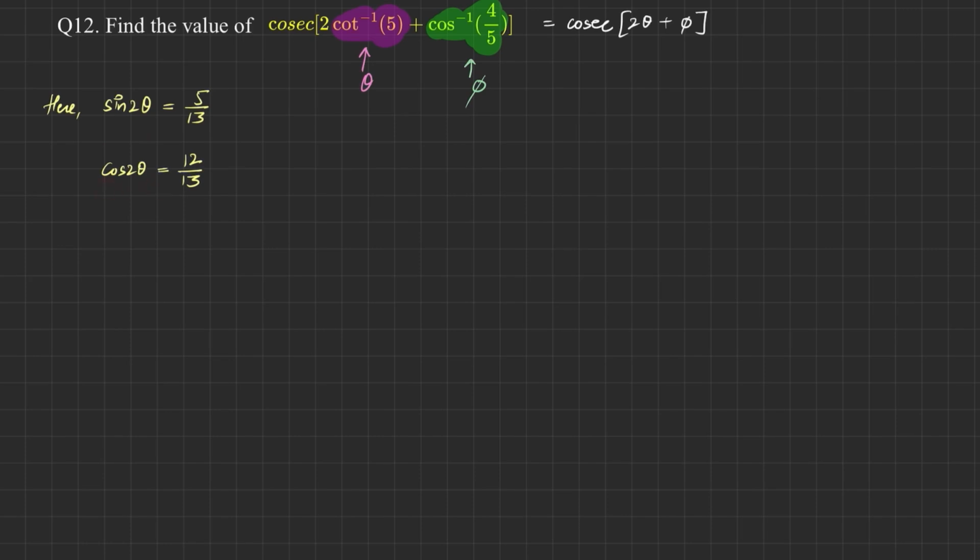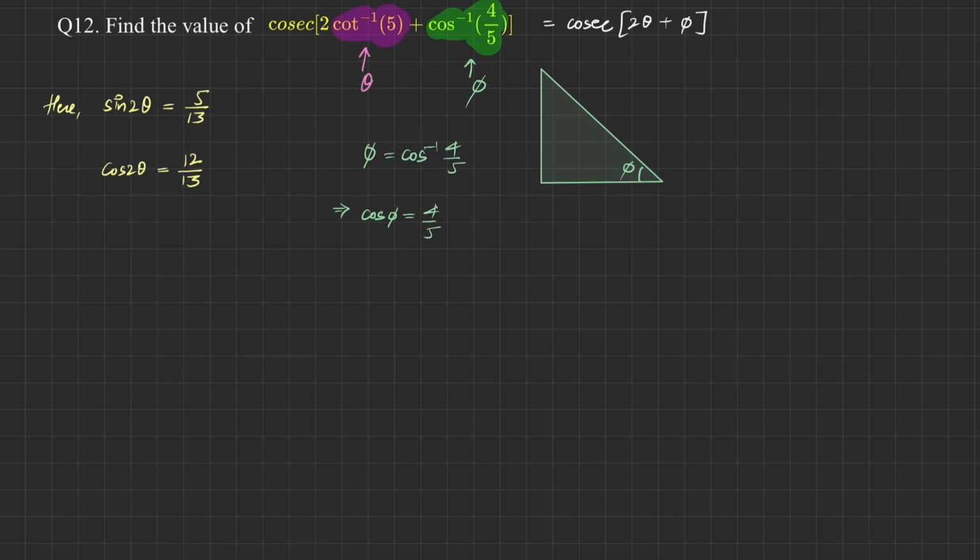Now let us try to find the value of phi. Let us make another right angle triangle, and let this angle be phi. We have considered phi as cos inverse of 4 over 5. So cos phi equals 4 over 5.